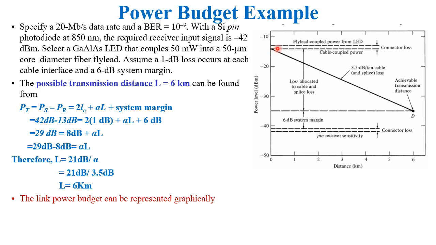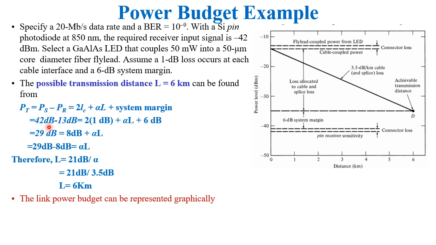So you can substitute this 13 dB here, which is equal to 2 into LC, where the connector loss is given as 1 decibel, since 1 decibel loss occurs at each cable interface, so we substitute 1 decibel here, plus alpha into L, plus the system margin, which is given as 6 dB. So we substitute 6 dB here.